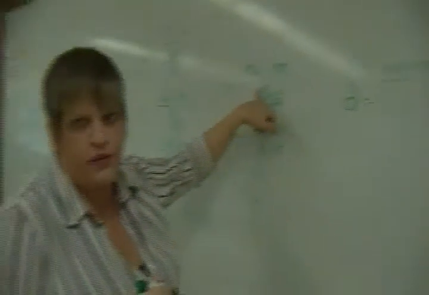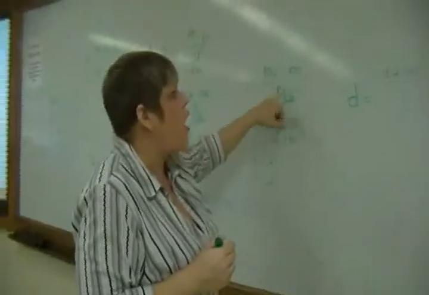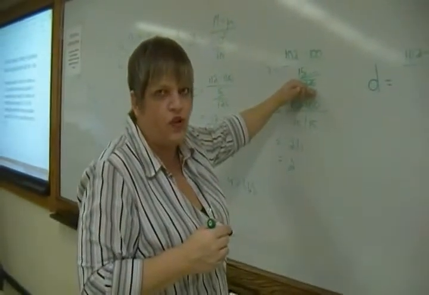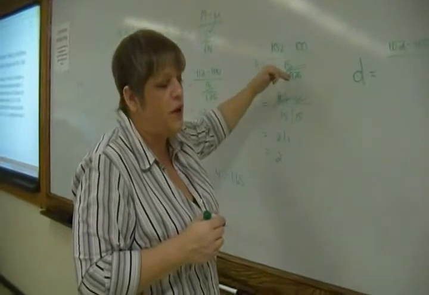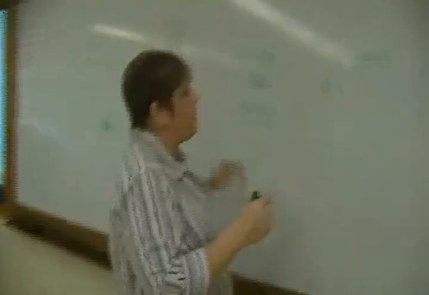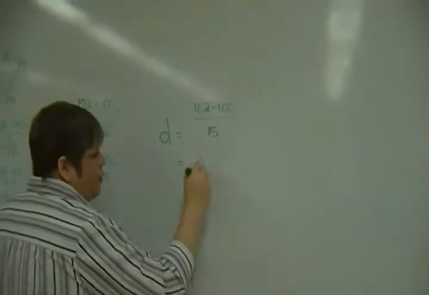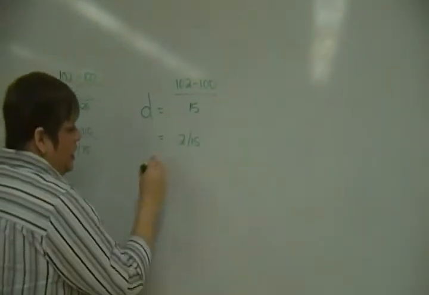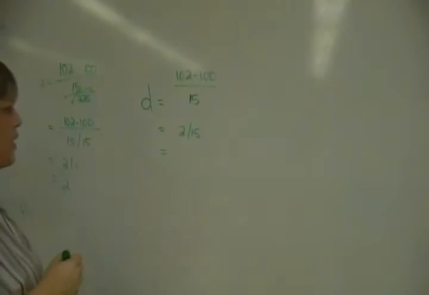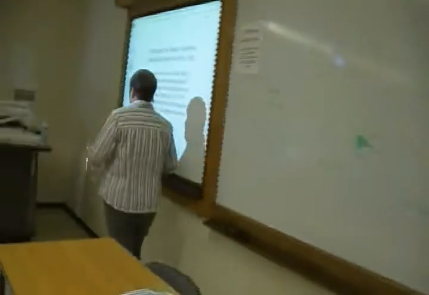But we divide them by the original standard deviation for the population, not the sampling distribution of the mean. So we are going to divide it by 15. And 2 divided by 15 is going to give us a very small value, okay? And let's see what that value is.